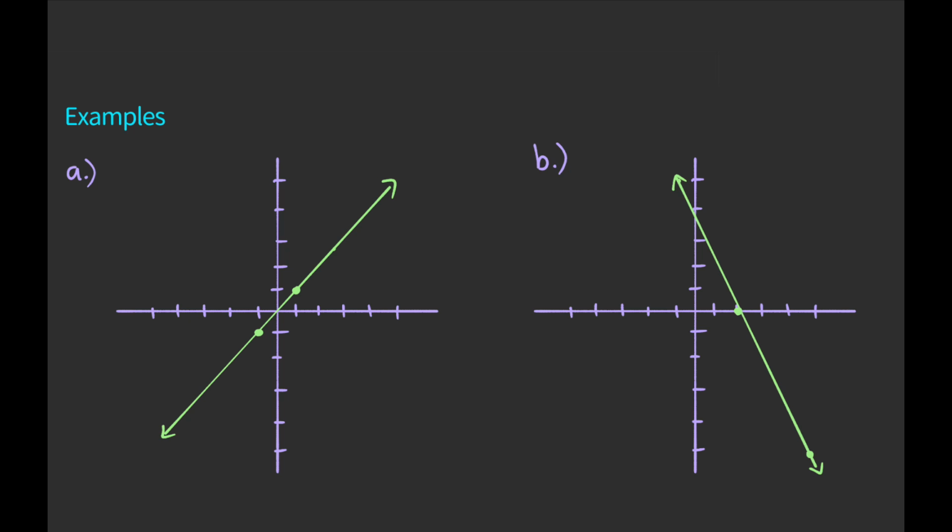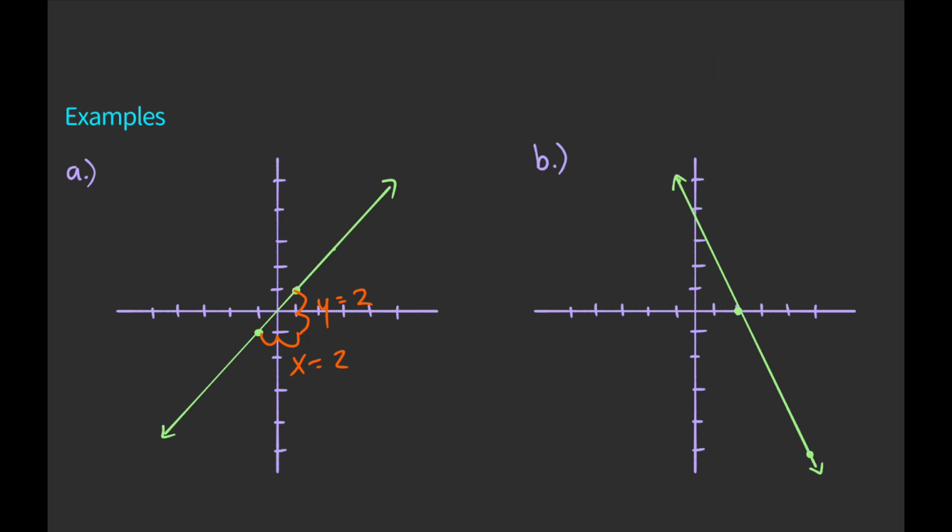Alright, so back to example A. One way to find the slope is just by looking at the graph. What we're going to do is find the change in y and the change in x. We do that just by counting the distance between the 2 points. So we go 1, 2, so x equals 2, and then 1, 2, y equals 2.